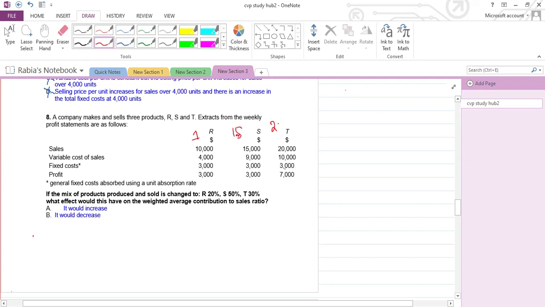Variable cost is given in the question. Fixed cost is also given in the question.